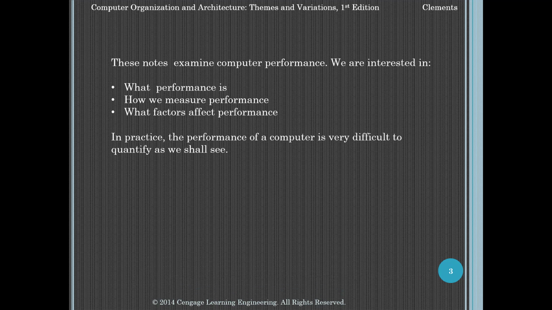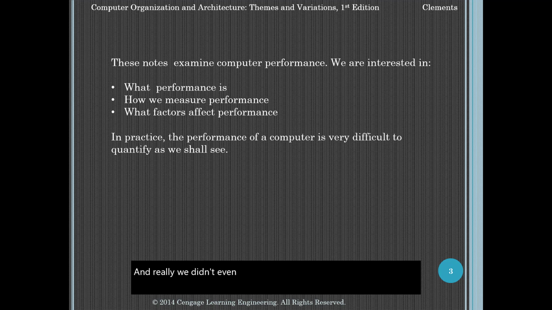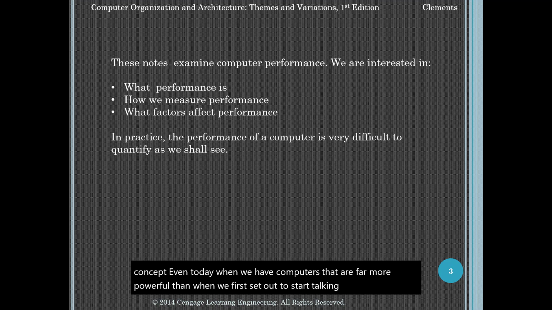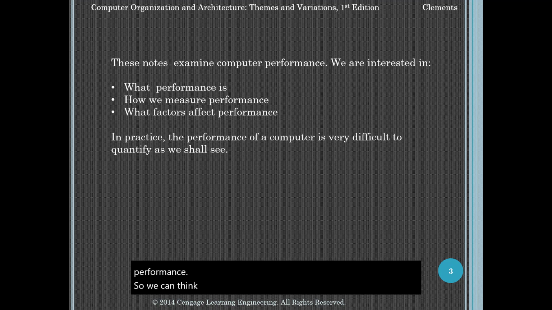And really, we didn't even start talking about the subject of performance until recently, because performance is not a simple concept, even today when we have computers that are far more powerful than when we first set out to start talking about performance. We can think of a large organization that has to buy hundreds of thousands of computers for their banking empire.